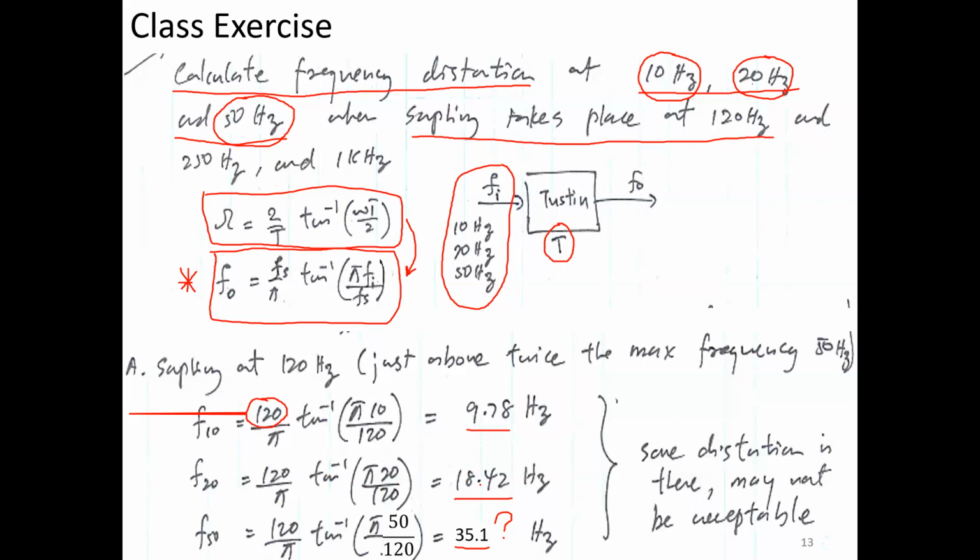So therefore, our rule of thumb when it comes to sampling is not the Nyquist. It should be what? Say, according to at least this example, right? It's 40 hertz versus 120 hertz. So in other words, you have to go the other way around. 120 hertz gives you a serious problem with 50 hertz, right?